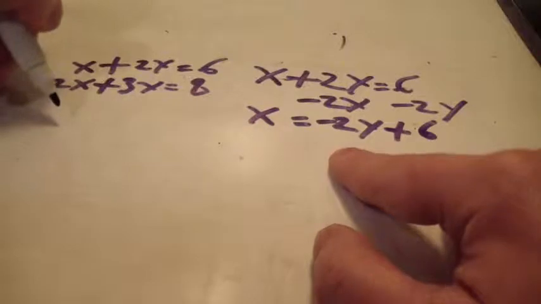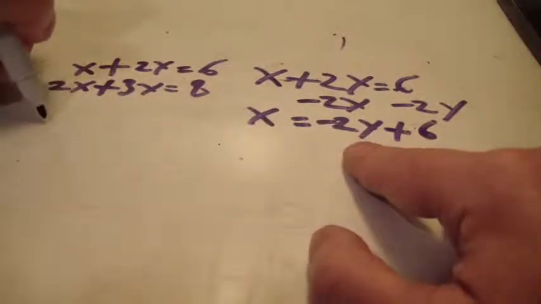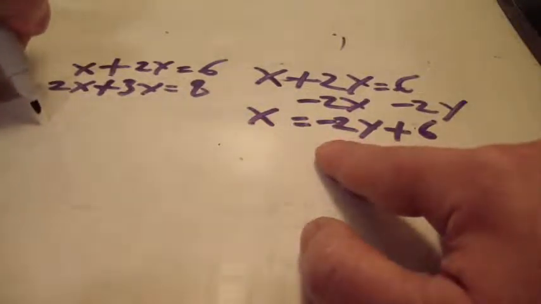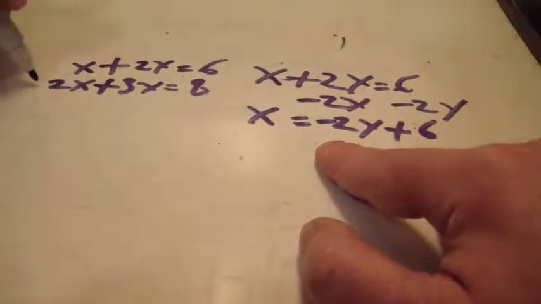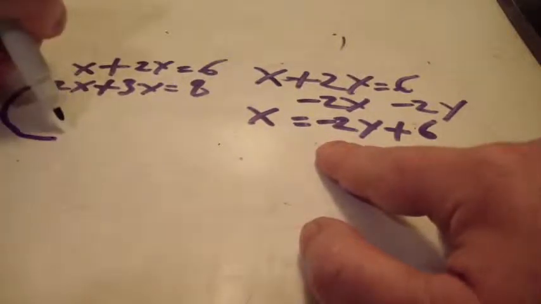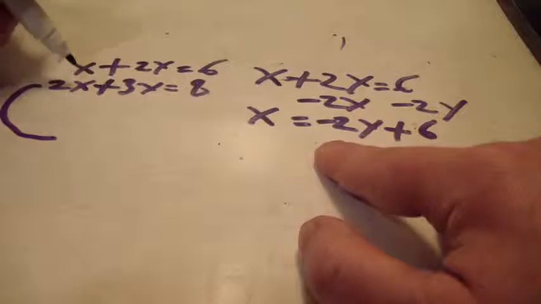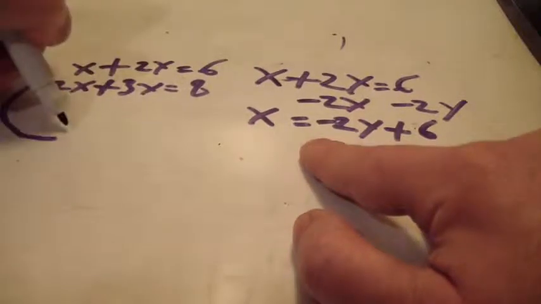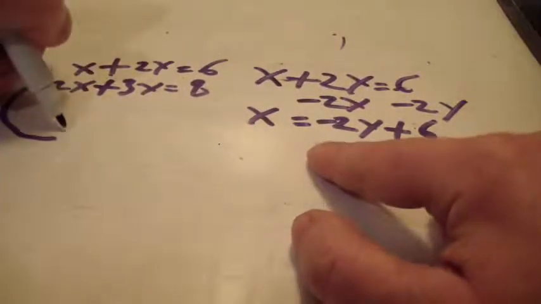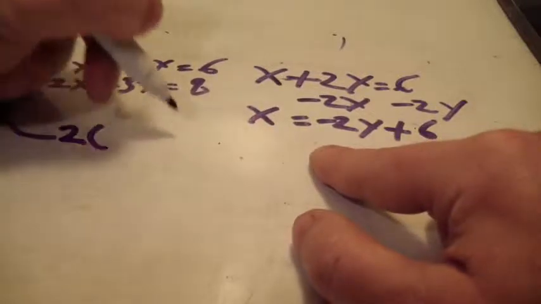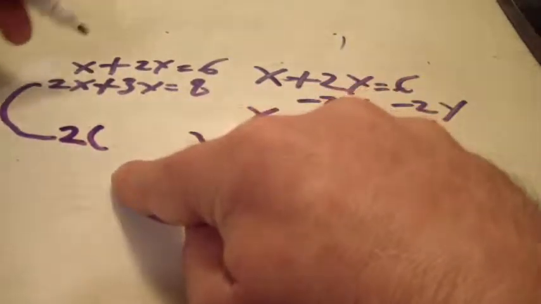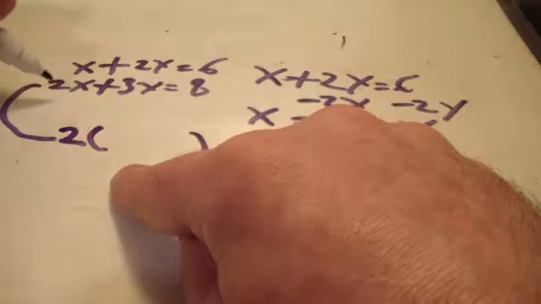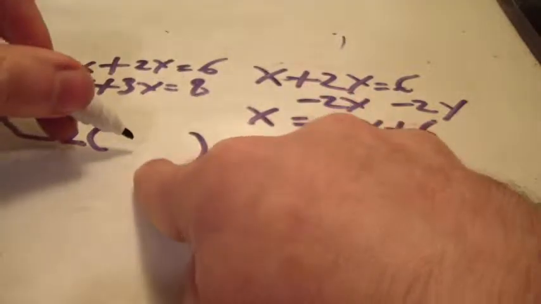So now we could simply plug in the numbers and see what we got. We're going to take this down here and substitute it here. Let's make it big because this is the x. See, right up there, that's the x. 2 times x, this is now x.